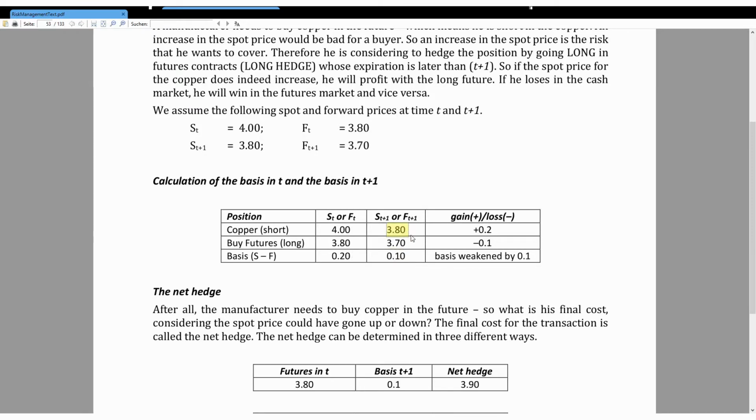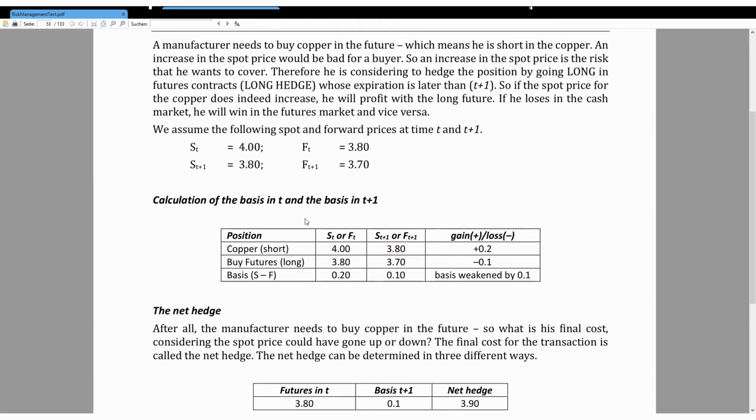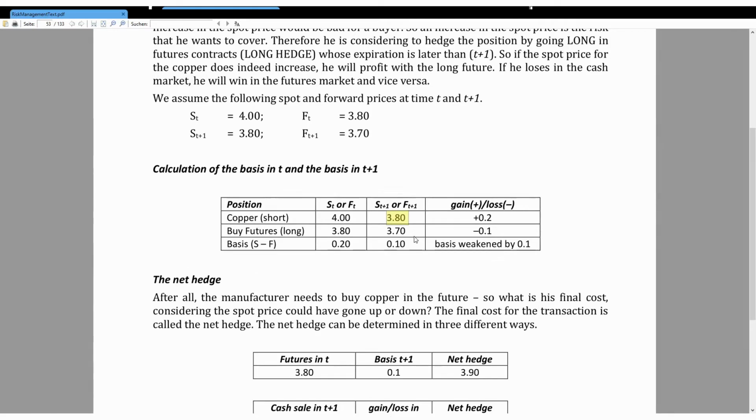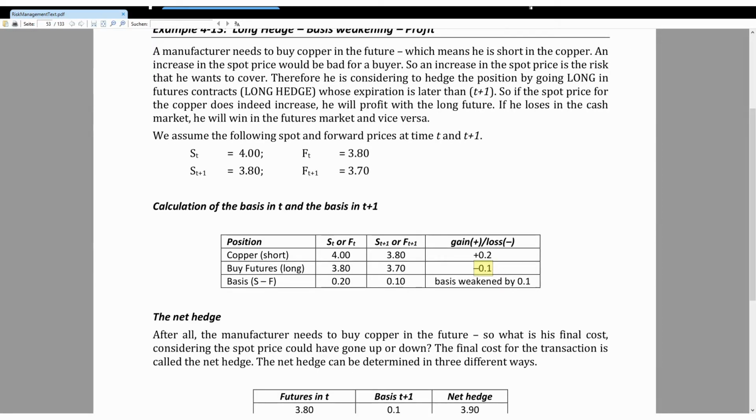Now that's a cost, 380 minus the 10 cents that he's making in the futures. Since he is short in the copper, these prices are cost to him. So he needs to buy the copper for 380. That's a cost for him. And unfortunately, he's losing 10 cents. So how is that a profit overall?